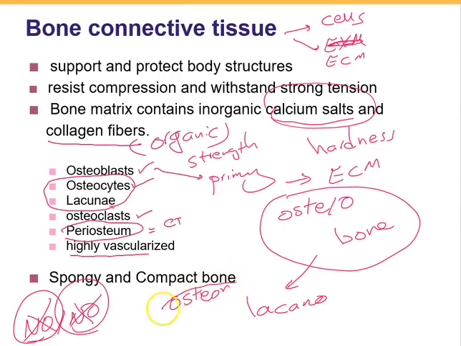This structure is unique to compact bone, which are cylindrical structures containing the bone tissue. And then we have spongy bone, which has a porous structure with a network of bony spicules or trabeculae. It is found at the ends of long bones and within flat bones, providing support while reducing overall weight.